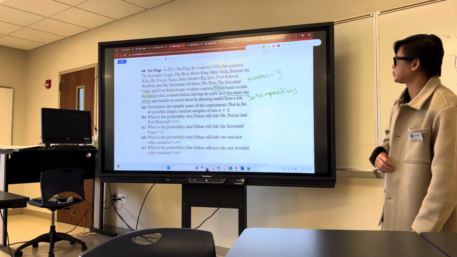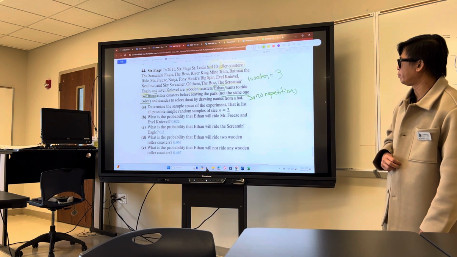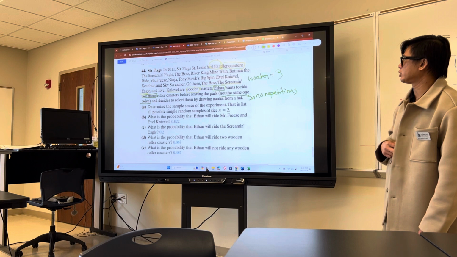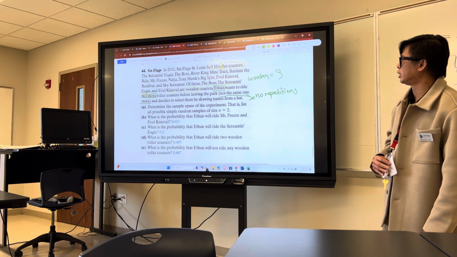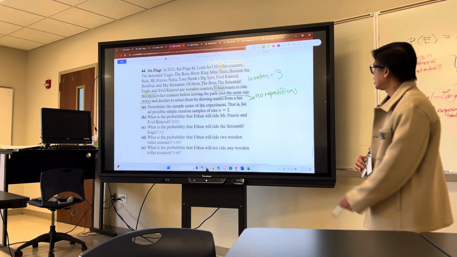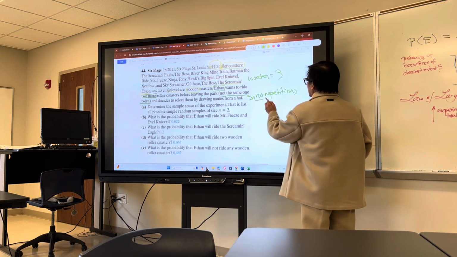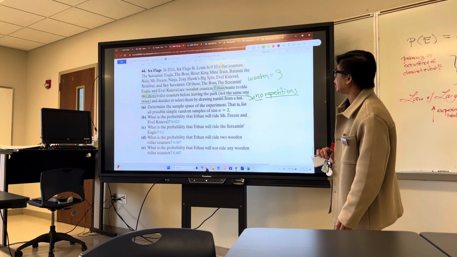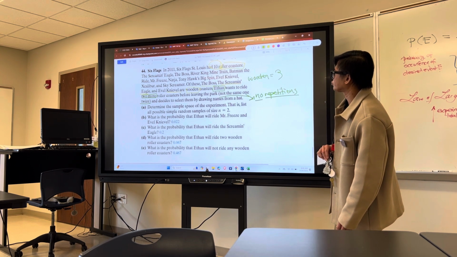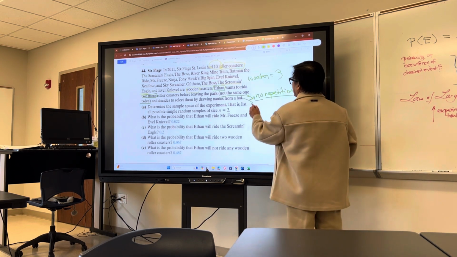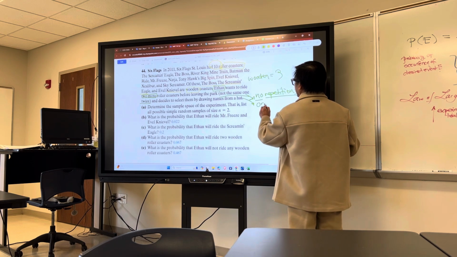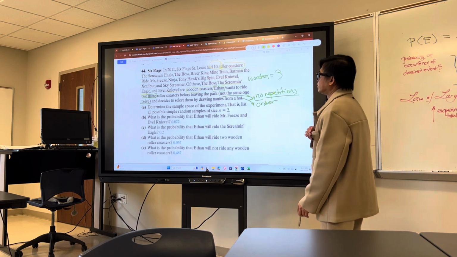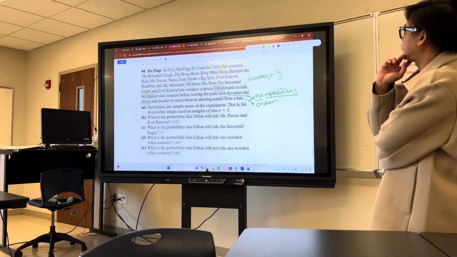So determine the sample space of the experiment. That is, list all possible simple random outcomes of size n equals 2. In here, we say no repetitions, right? And is there an order for that?